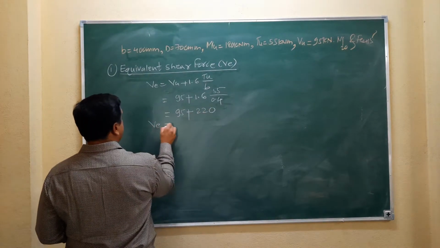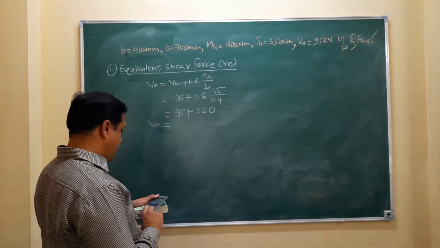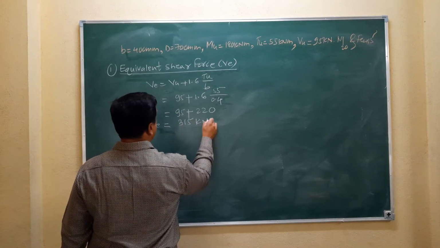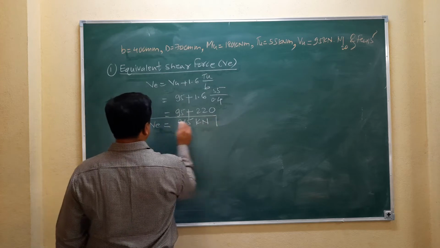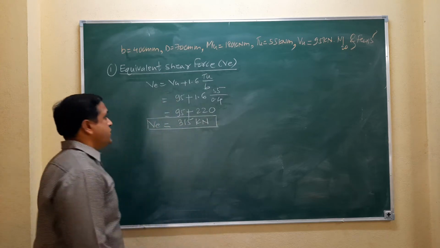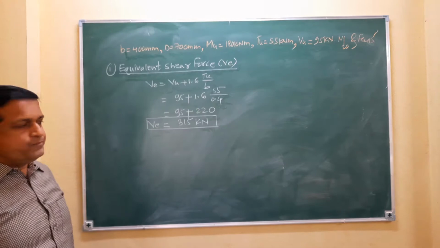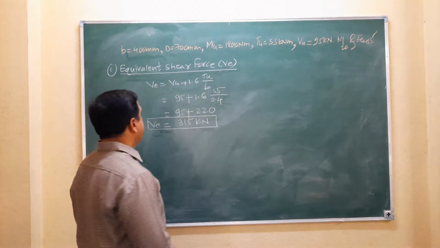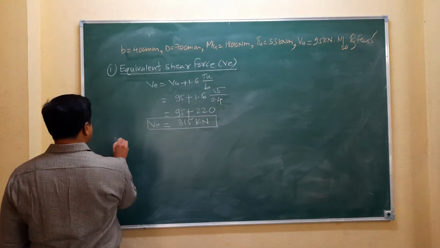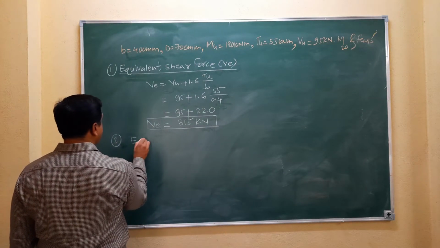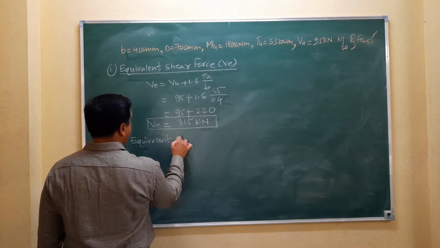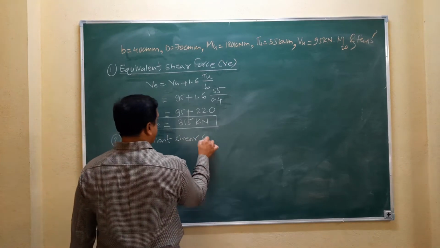So what is the equivalent shear force? Plus 95 is 315 kilonewton. So this is the equivalent shear force. Is it clear? Simple calculation you have to do. Now in step number 2, equivalent shear stress.